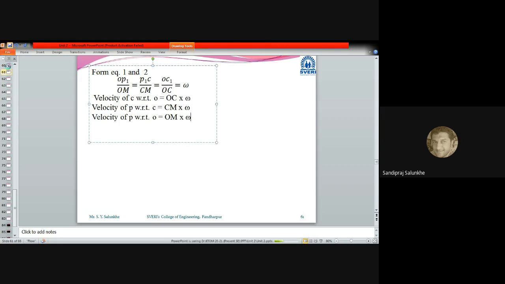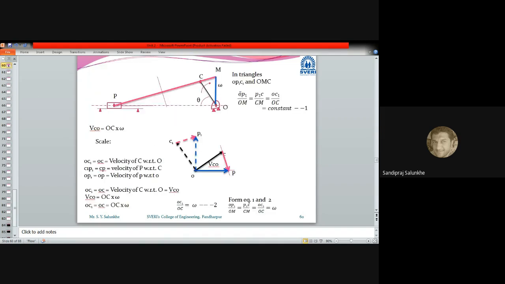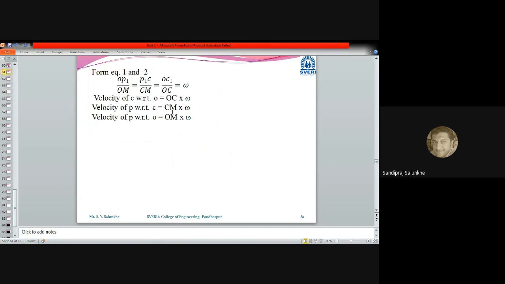So without drawing velocity diagram, if we do only Clean's construction, if we measure OM distance, if we measure CM distance, if we measure OC distance, and if you multiply it omega, we can get respective velocities of the respective points. That is how is the Clean's construction for velocity diagram.